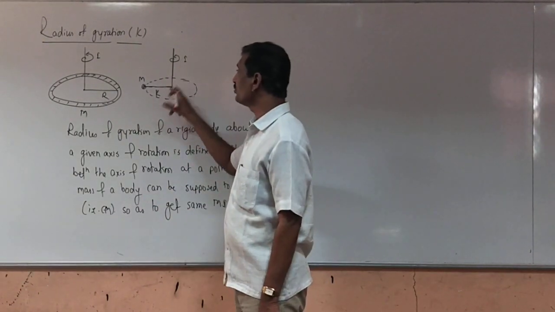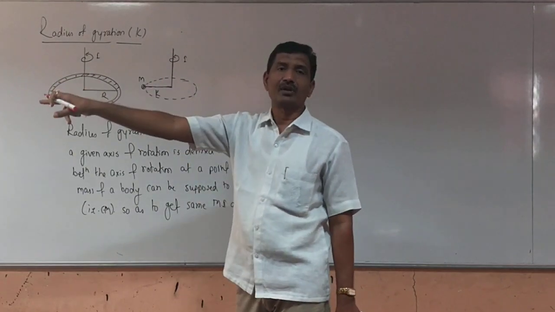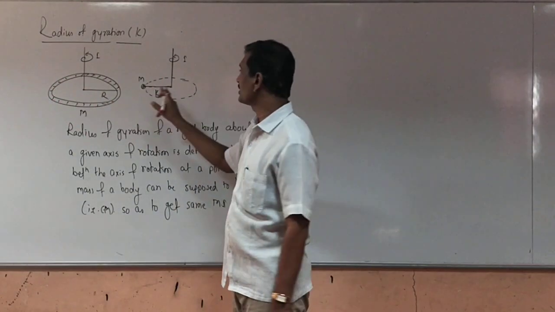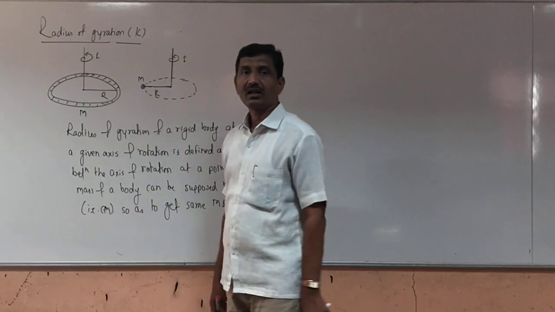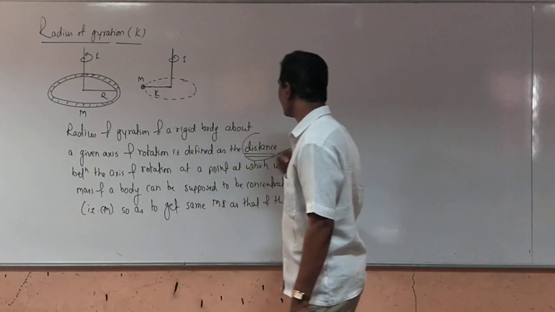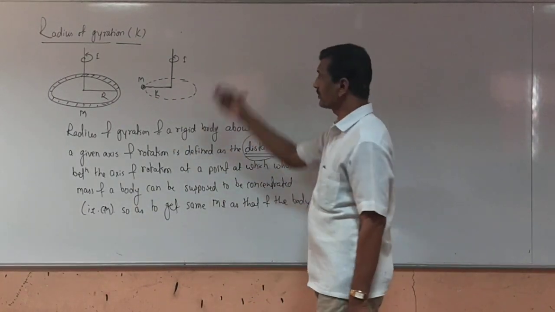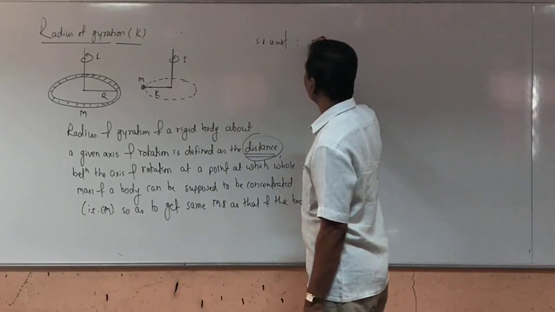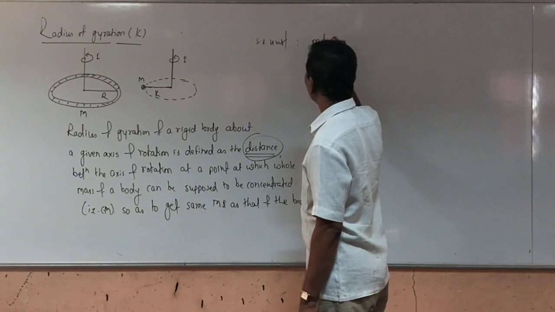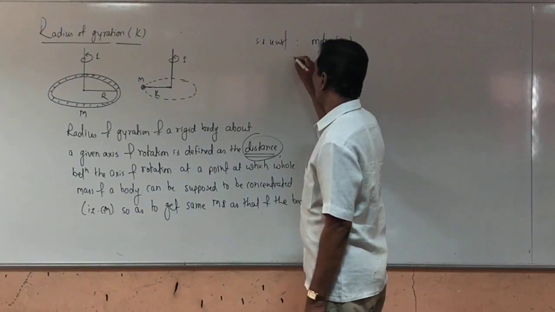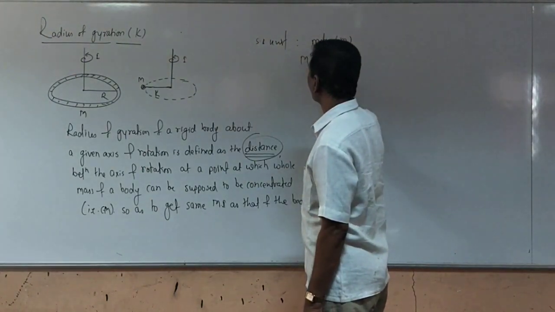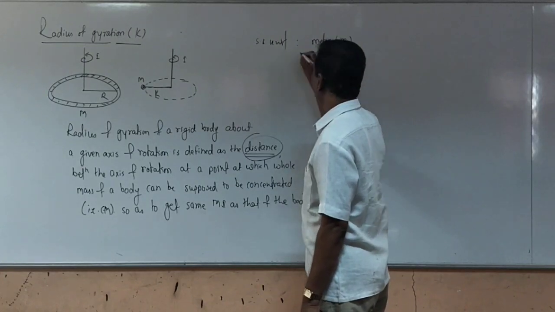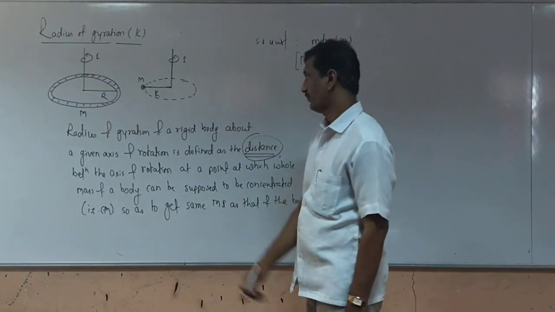So we get the same moment of inertia as that of the body. Such a distance is called the radius of gyration. So it is clear that the radius of gyration is nothing but a distance. Therefore, what is the SI unit of radius of gyration? The SI unit of radius of gyration is only meter, and therefore its dimension is 0 in mass, 1 in length and 0 in time.